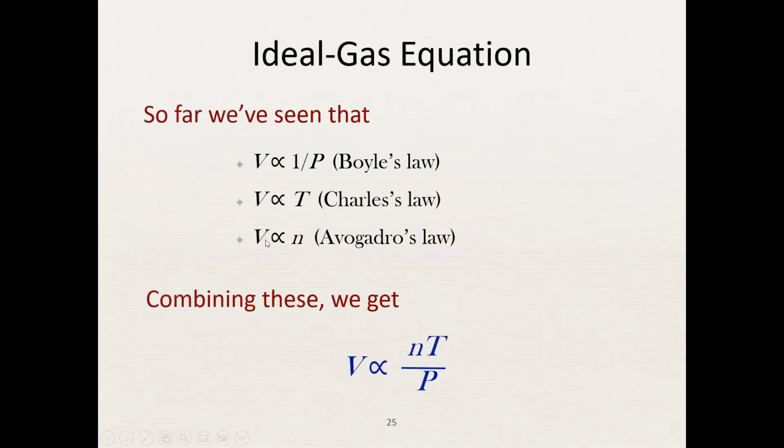And again, it's kind of just a combination of all of these things. And then when we combine them, we can see that the volume is going to be directly related to the amount of gas times the temperature over the inverse pressure.